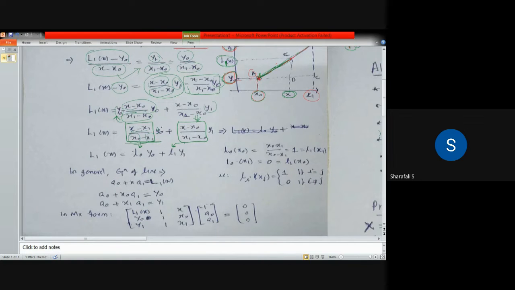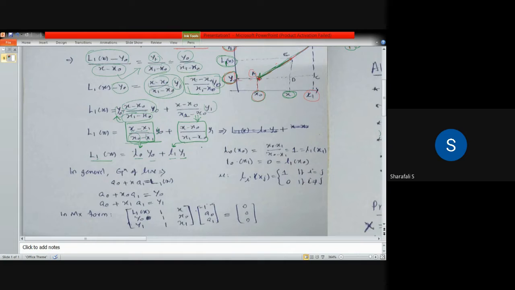So L0, L1. In that case, I can write L1 of x will be equal to L0 into y0 plus L1 into y1, where L0 will be (x minus x1) divided by (x0 minus x1), and L1 is (x minus x0) by (x1 minus x0).